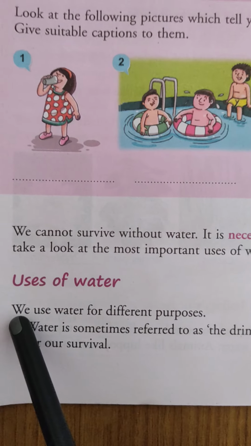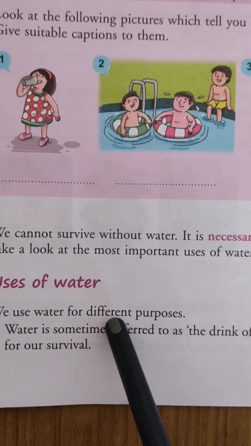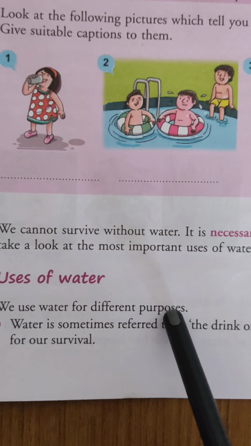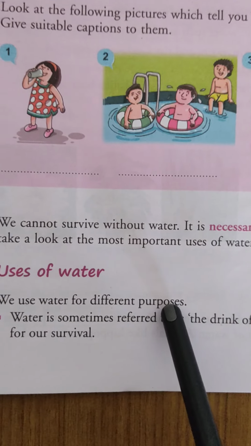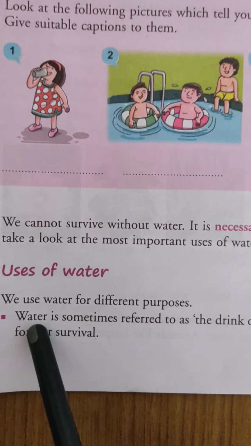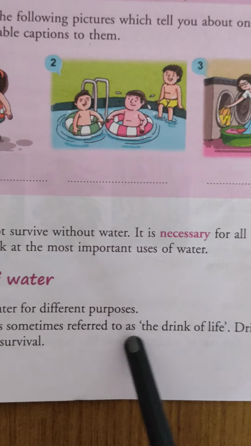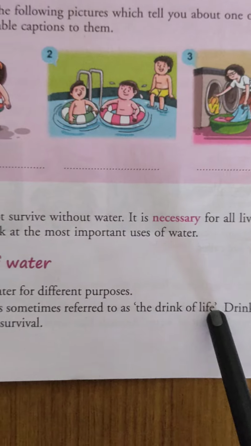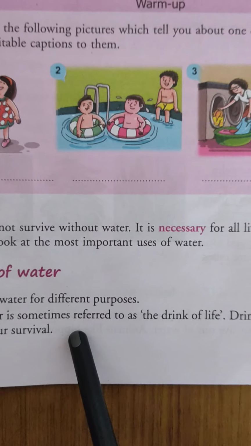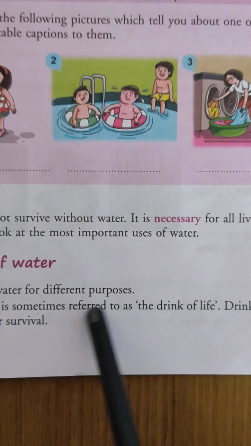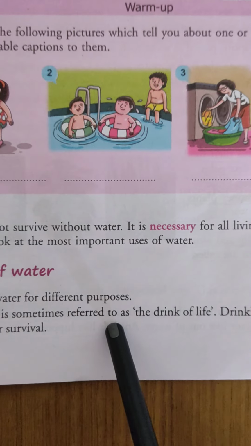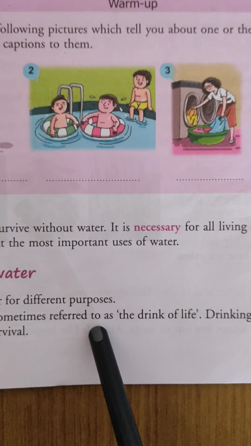Here you can see we use water for different purposes. In various purposes we are using water, isn't it? The first one is, water is sometimes referred to as the drink of life. We can say water is our life drink, means water is very important like our life.